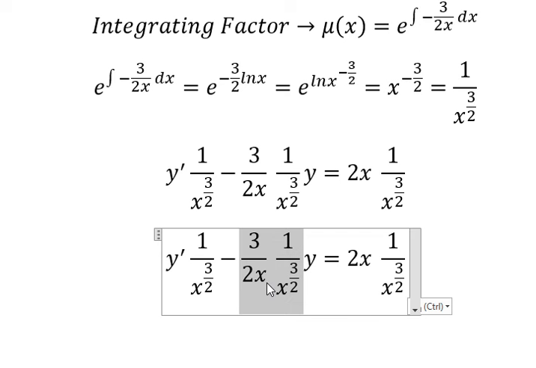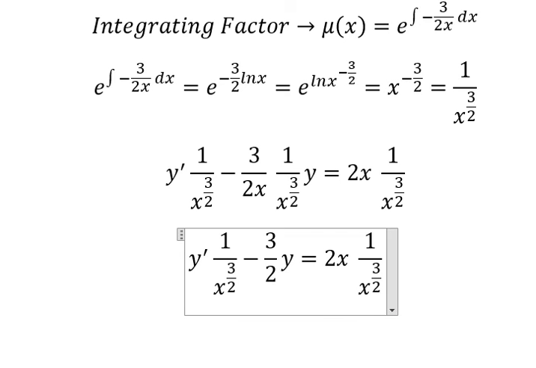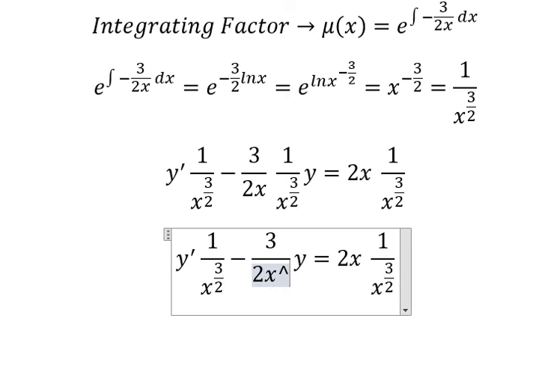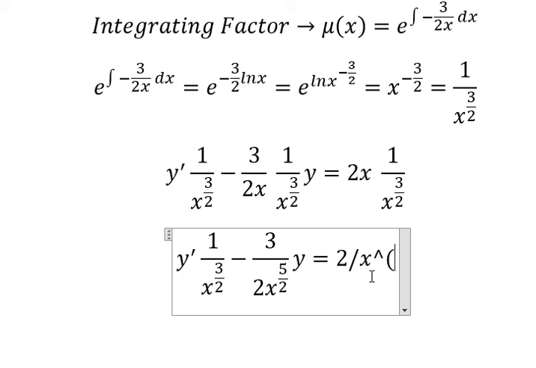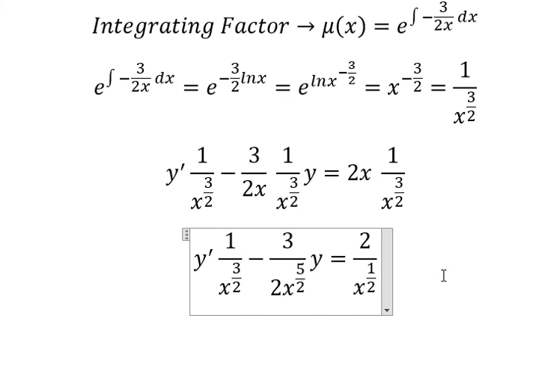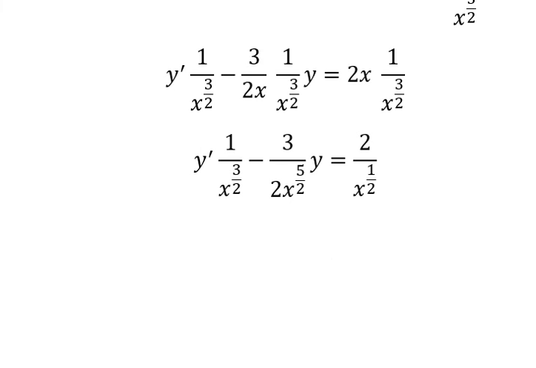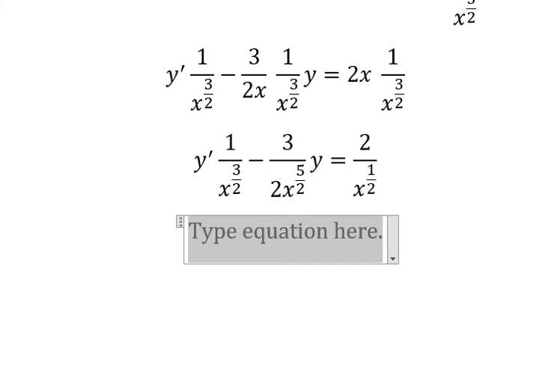So this one we have 3 over 2 s to the power of 5 over 2. This one we simplify and we have 1 over s to the power of 1 over 2. Next, we put the integration for both sides.